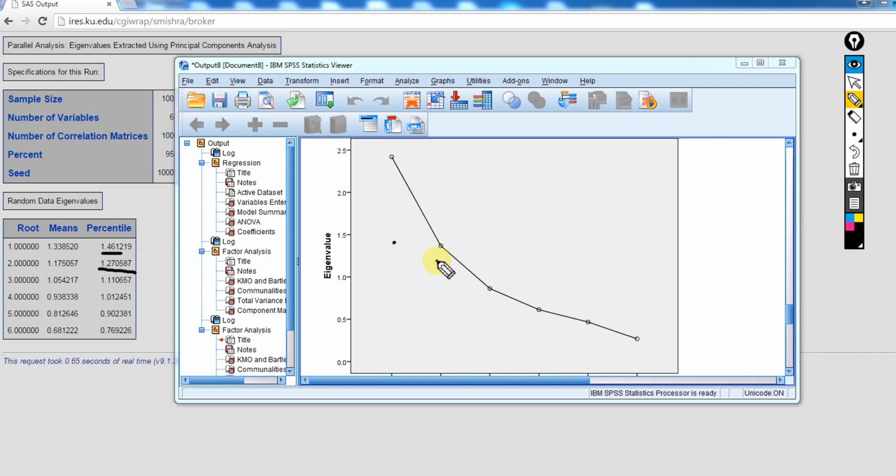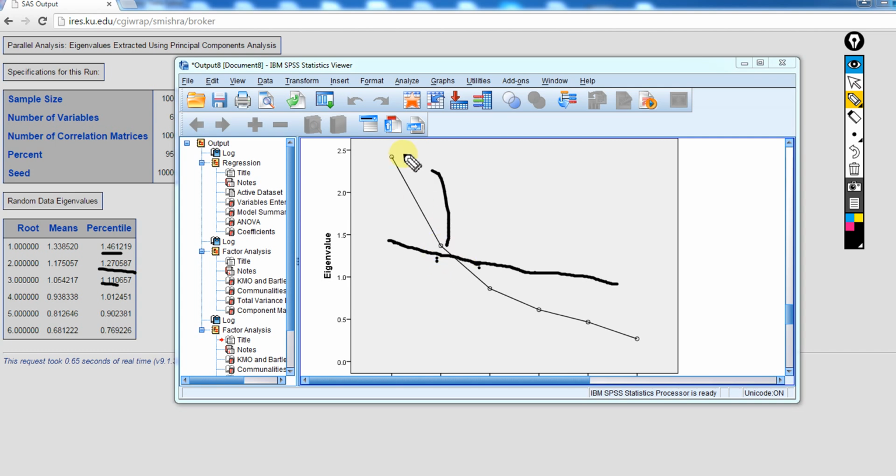This shouldn't have a curvature in the line, but essentially it's going to cross over here. And the fourth is 1.0, so roughly right around here. You can see that the randomly generated eigenvalues cross over at this point here. So that would lead us to retain these 2 components.